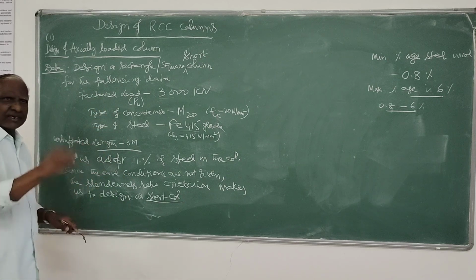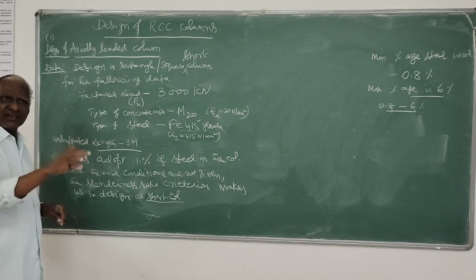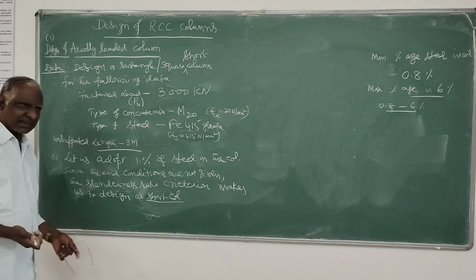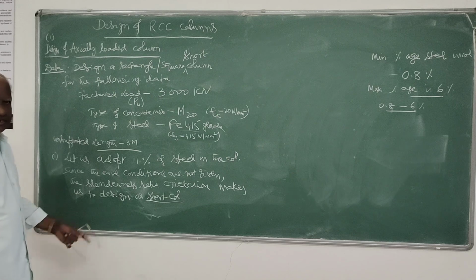In the absence of that, the effective length you cannot calculate. So a ratio less than 12 you cannot arrive at. So it has to be a short column. The long column aspect is totally out.